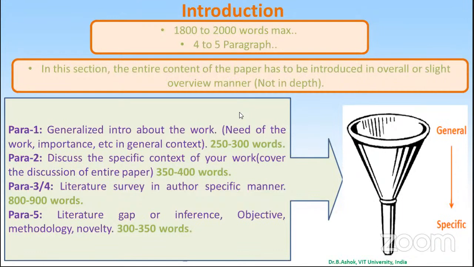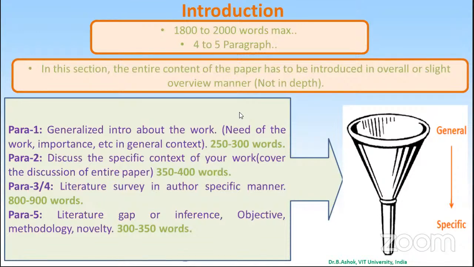Similarly, paragraphs 3 and 4, as I said, are about the literature survey. It may be an author-specific literature survey, which means it is specific to a particular paper. Some 8 to 10 papers or 12 papers, not more than 12 papers, you should explain.